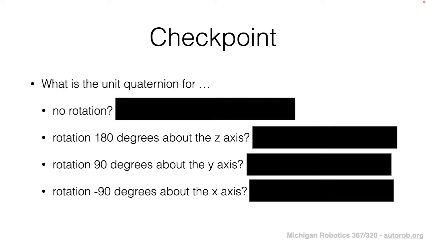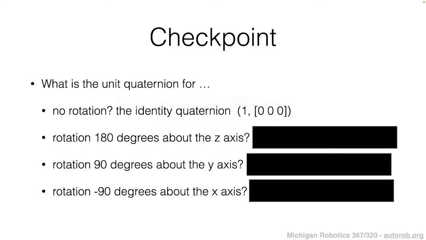The first question here is, what would be the unit quaternion for axis angle rotation involving no rotation? In this case, it would be the identity quaternion, which follows from the fact that the cosine component will be 1, and the remaining sine components with no rotation would be 0.